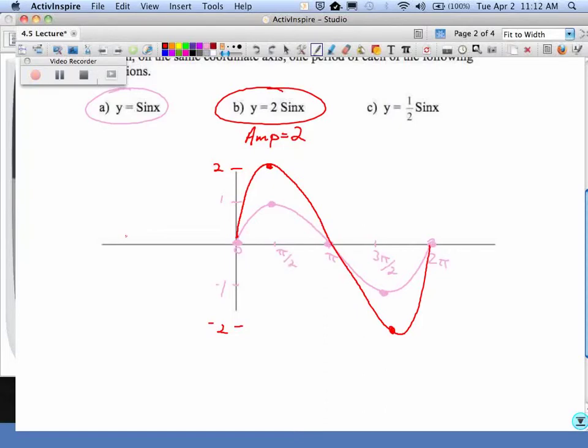But it's how far above the midline you go and how far below the midline you go. So what's C going to do? Go up half as much. So you're right in between here, right at 1/2 and negative 1/2.